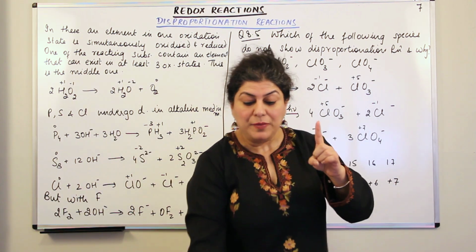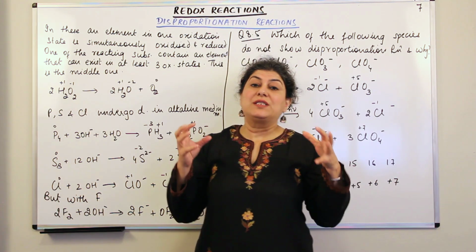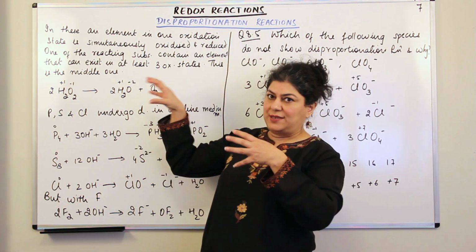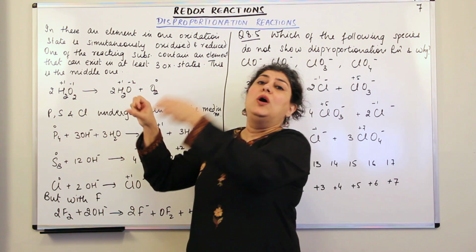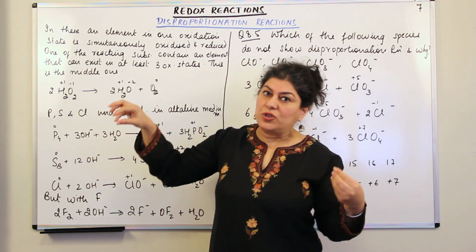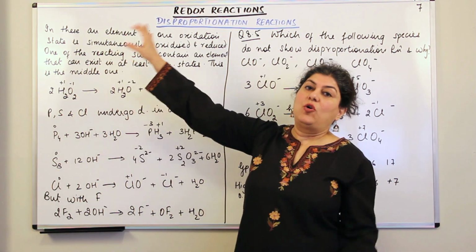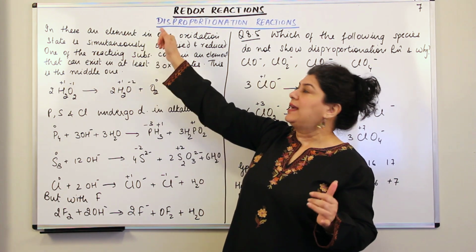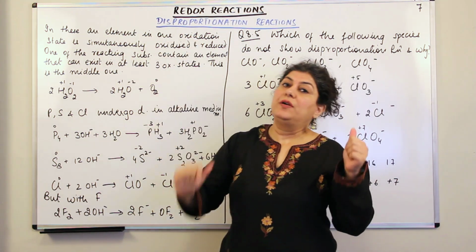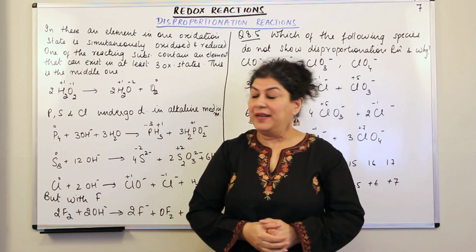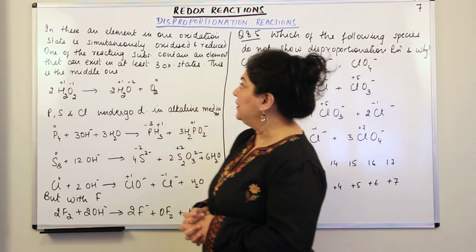When atoms of the same element on the reactant side undergo reduction and oxidation, such a redox reaction would be known as a disproportionation redox reaction, right? Let me just read the definition here.